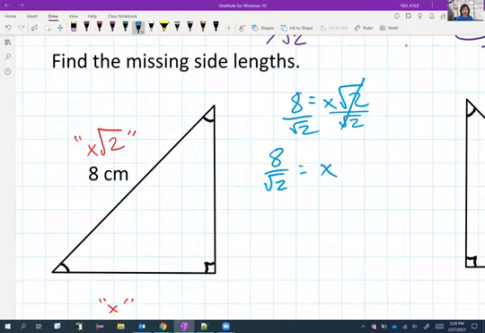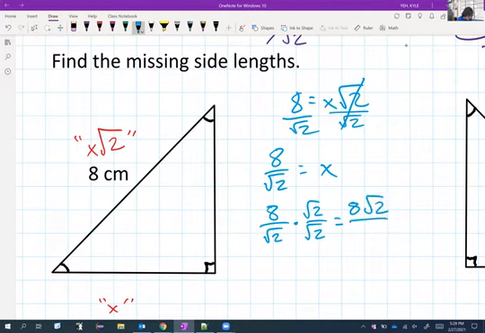But we know we can't have a radical in the denominator. We talked about that when we were going over radicals. So I'm going to say 8 over root 2 times root 2 over root 2. We're going to rationalize that denominator. 8 root 2 over 2, which is 4 root 2. 8 divided by 2, we can simplify that.